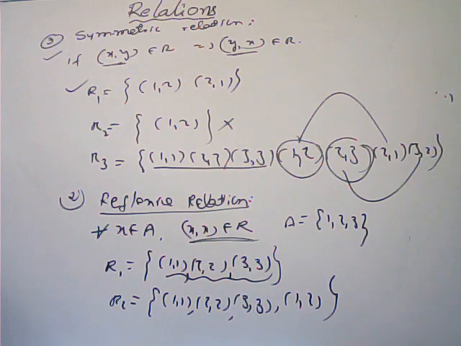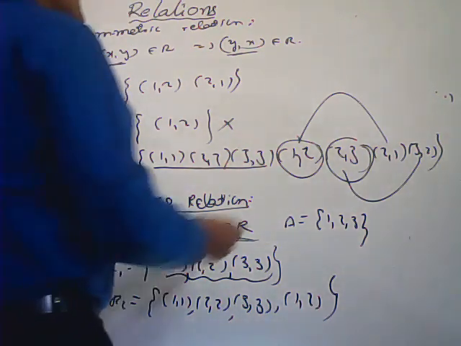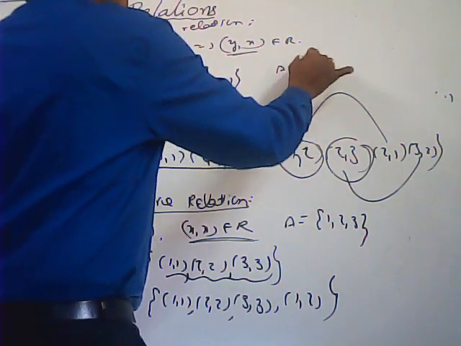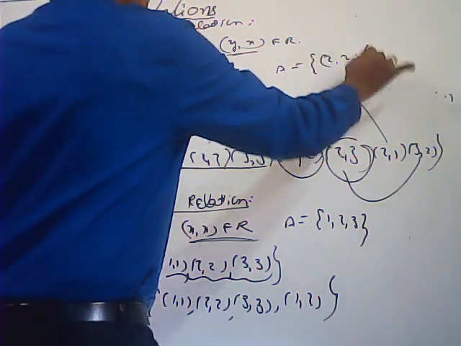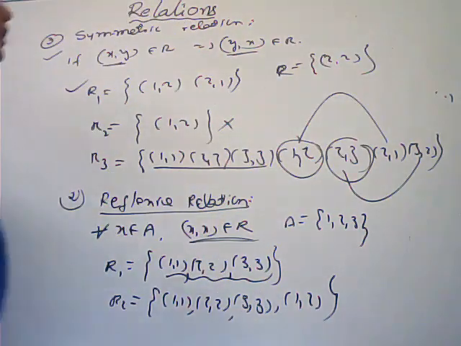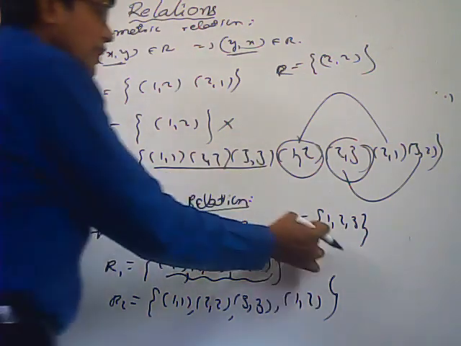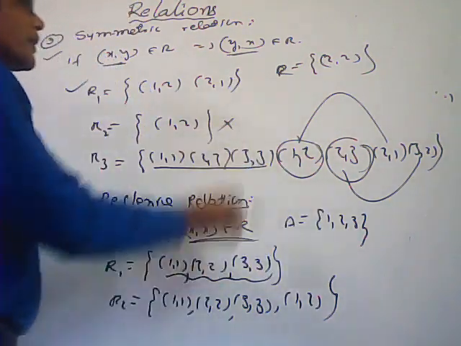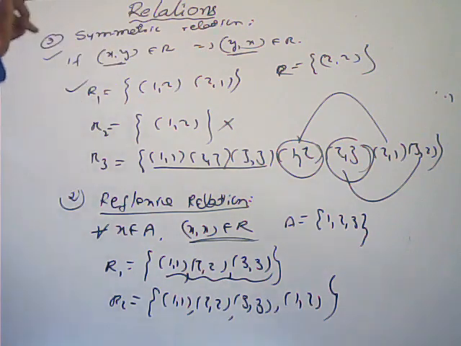If it contains only equal ordered pairs, that is symmetric. R is equal to the set with ordered pair (2, 2). That is a symmetric relation, but not reflexive. Why? Because the set contains 3 elements. So if that relation contains at least 3 equal ordered pairs, then only we say reflexive.